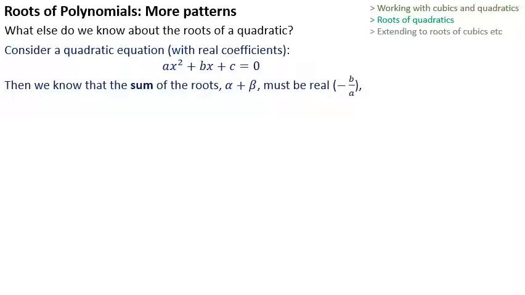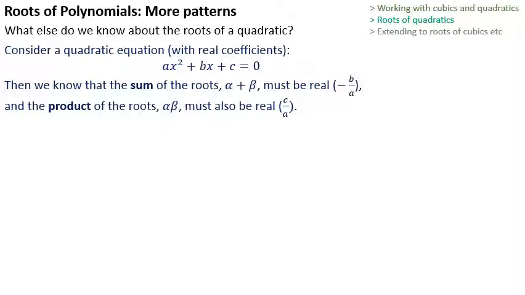And we know, therefore, that the sum of the roots has to be real, because we already know that it's minus b over a, and b and a are both real numbers. If you divide a real number by a real number, you get a real number. The only exception will be if you're dividing by 0, but a in this context is not 0 because we're dealing with a quadratic. If a was 0, it wouldn't be a quadratic.